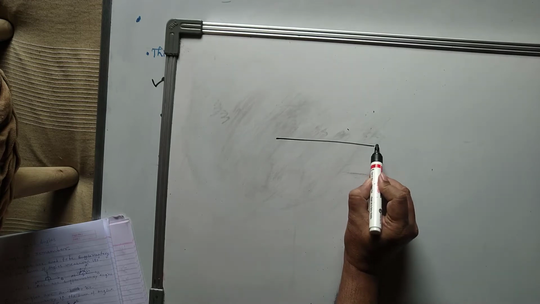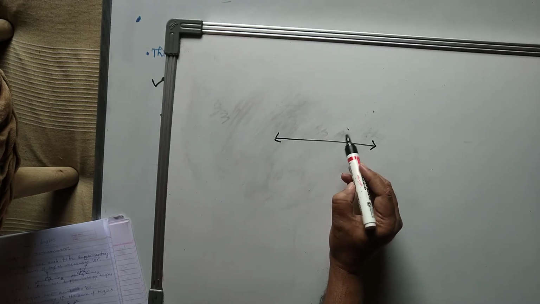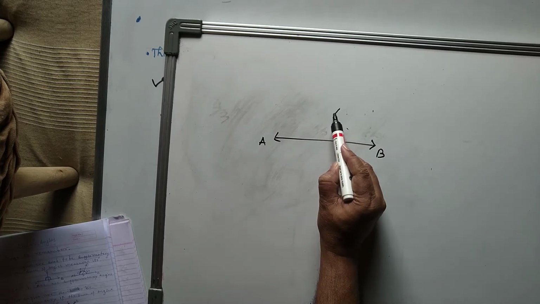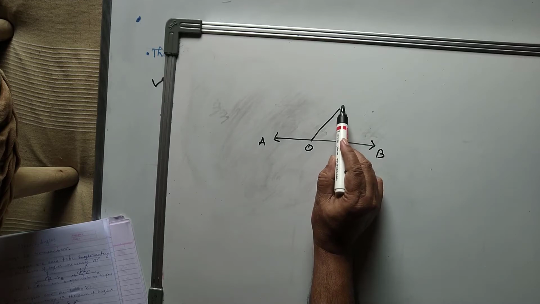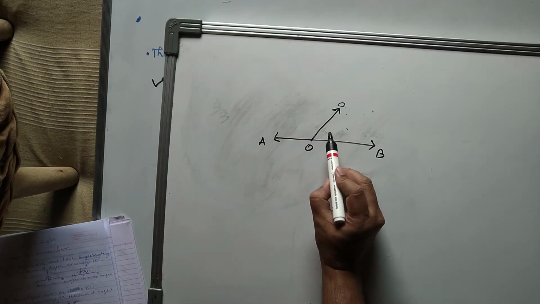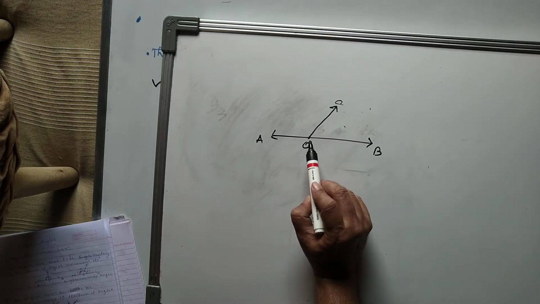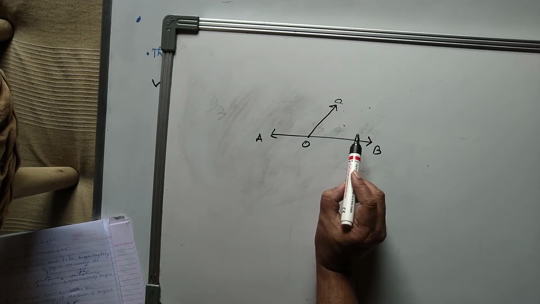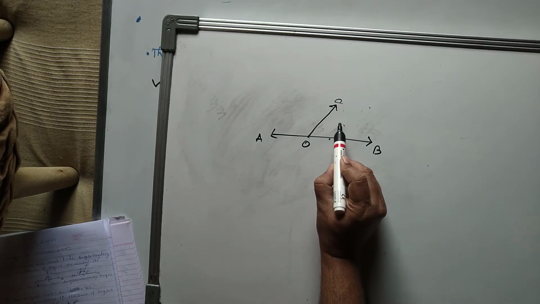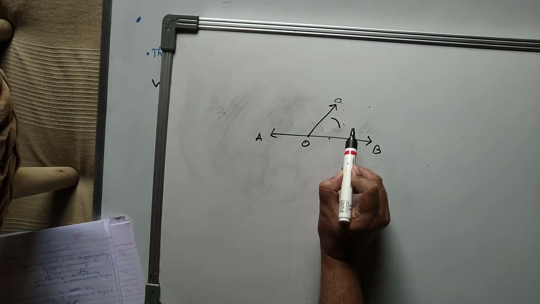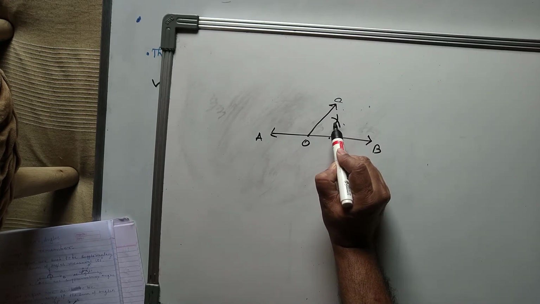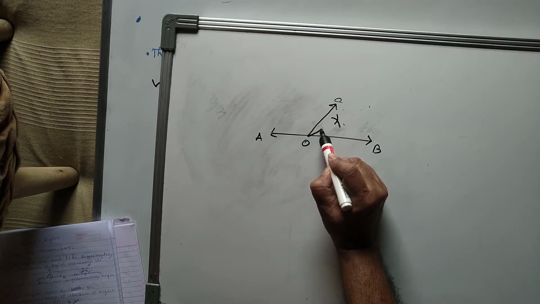Like this, AB is a line, OC is a ray, this forms angle BOC, and we have to intersect by taking the measures like here, and then bisecting the angle.